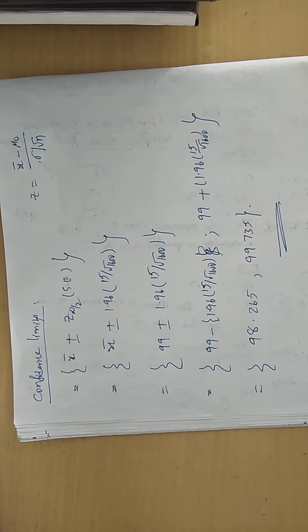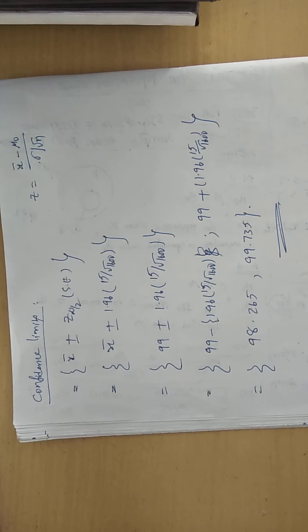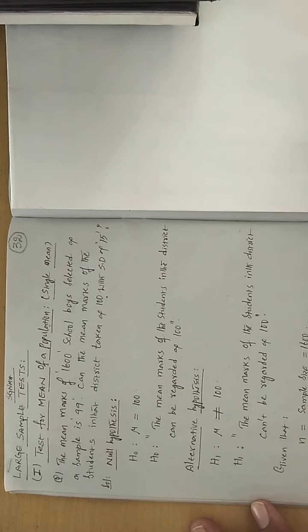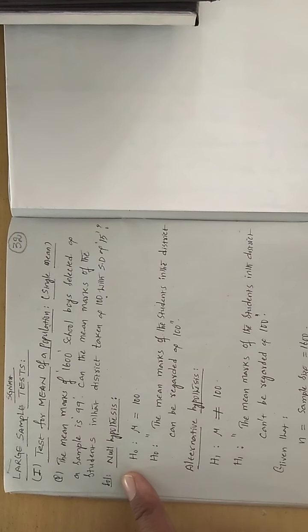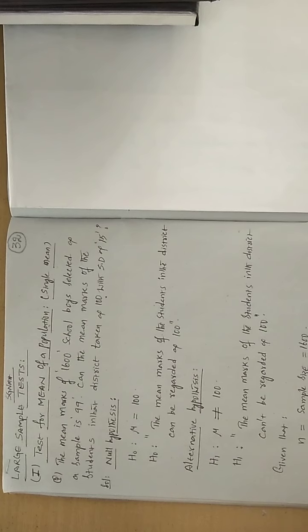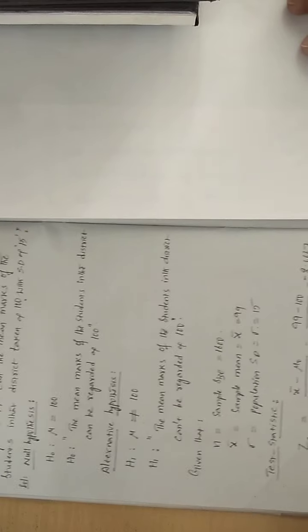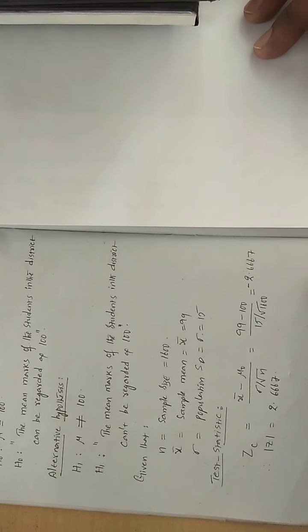Confidence limits. Let us see how I did it neatly in the notes. We need to do the problem in such a manner. Same problem, neatly I wrote here. See the procedure: null hypothesis, notation, verbal; alternative, notation, verbal. On this given information, test statistic calculated, I got the negative.